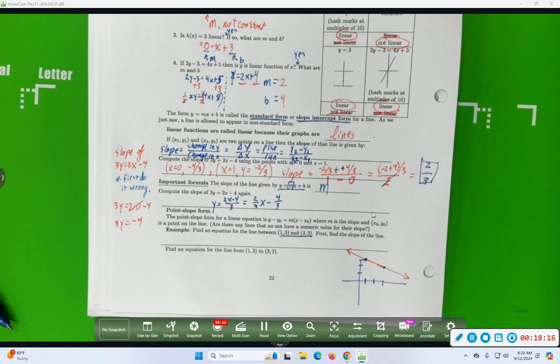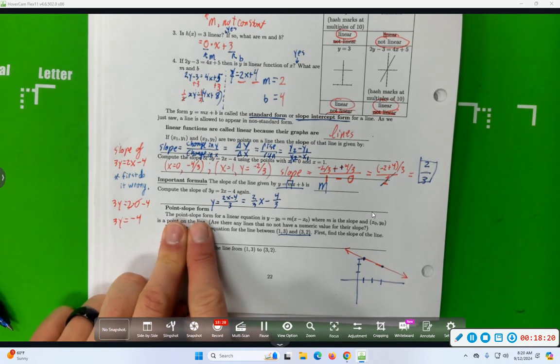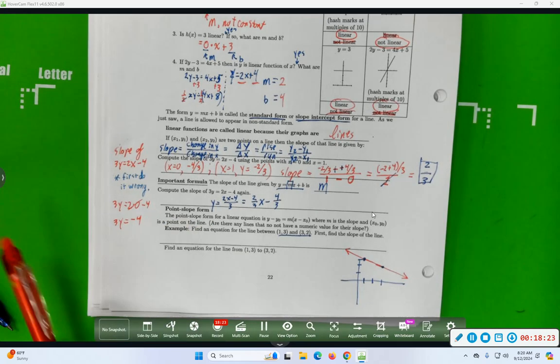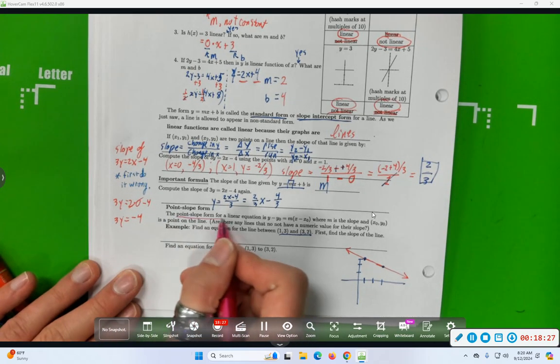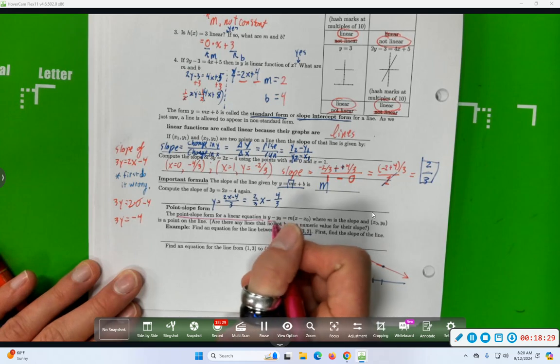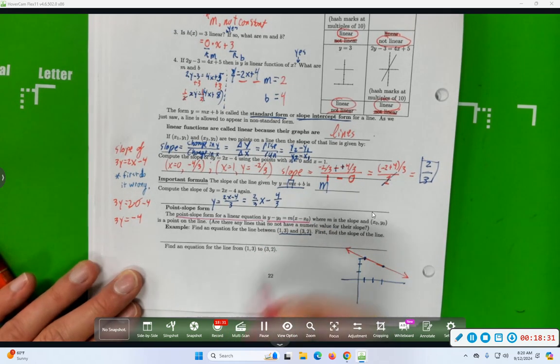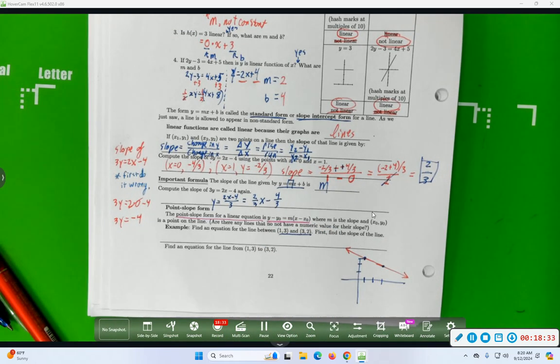And here's the type of equation I will suggest. An equation for a line in point-slope form. The point-slope form for a linear equation is y minus y0 is equal to m times x minus x0, where m is the slope, and (x0, y0) is a point on the line.